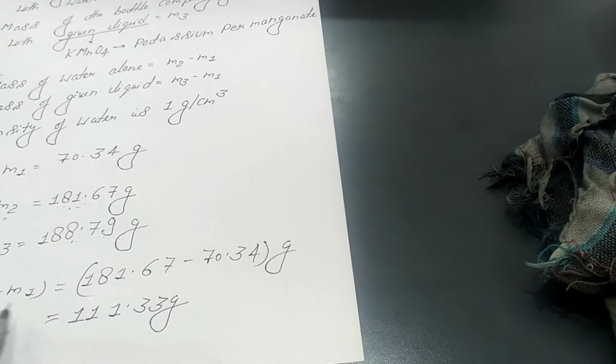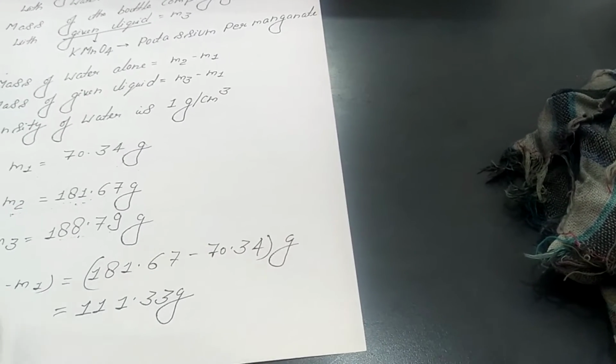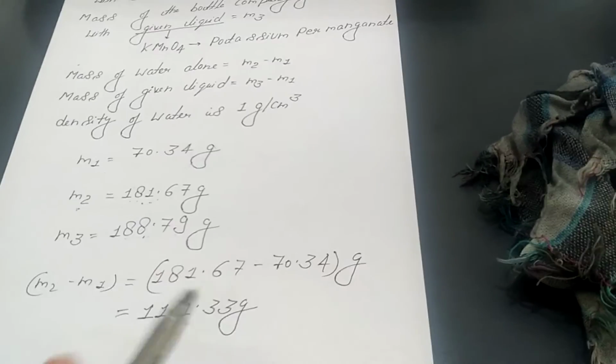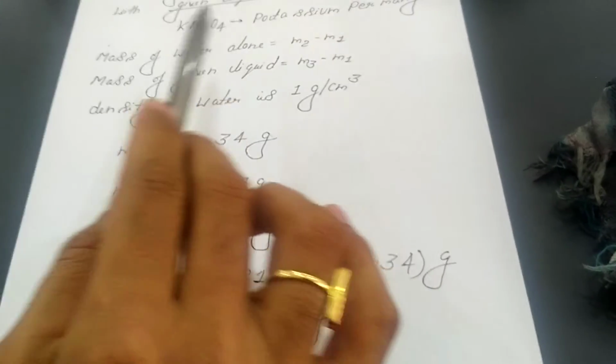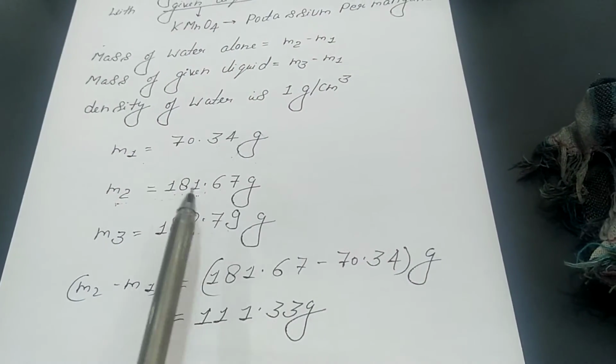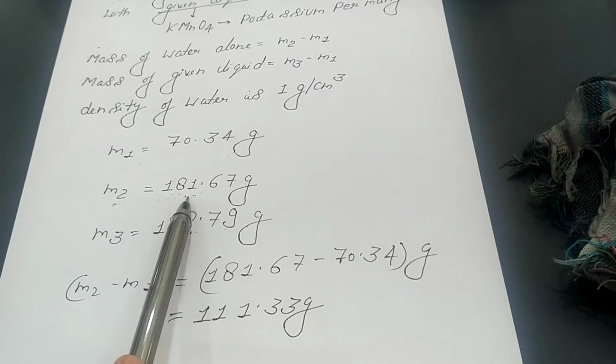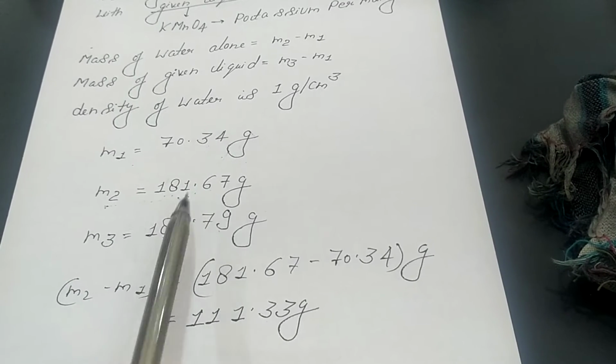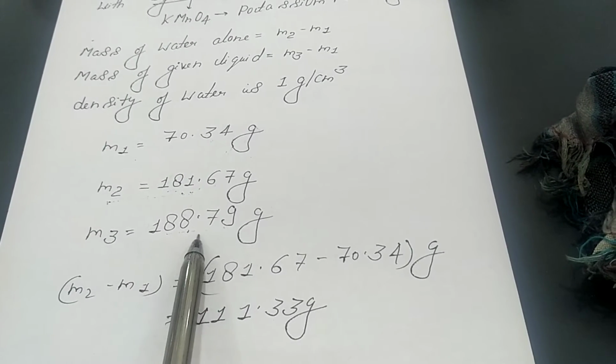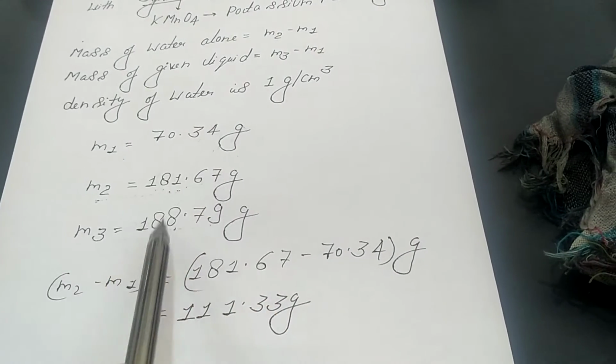So this is M2 minus M1. M2 minus M1 means the mass of water alone, because the mass of water with the bottle also includes the mass of the bottle. Similarly, here 188.79 also includes the mass of the bottle, right?